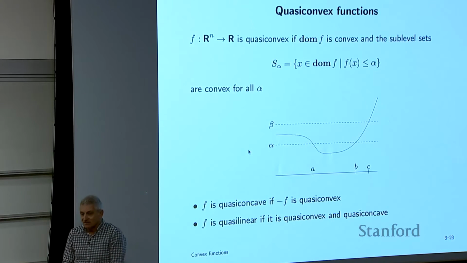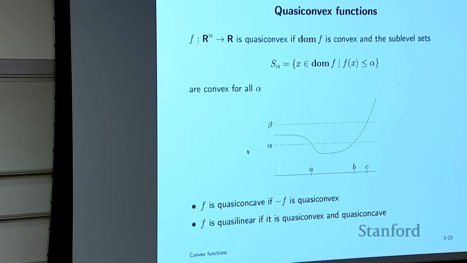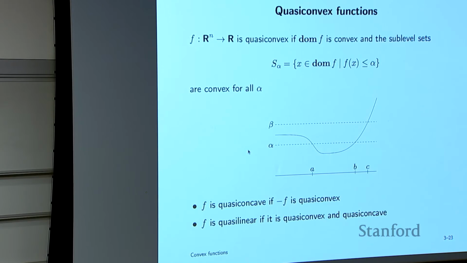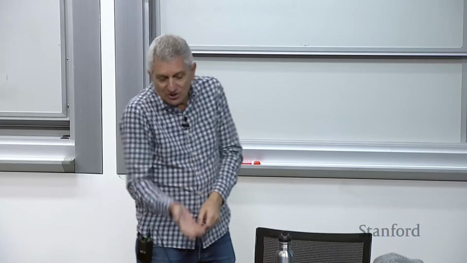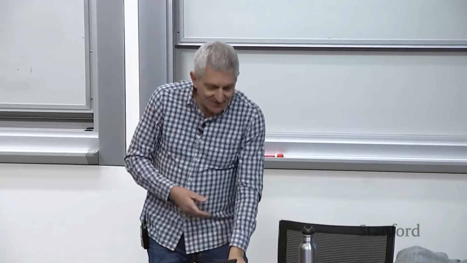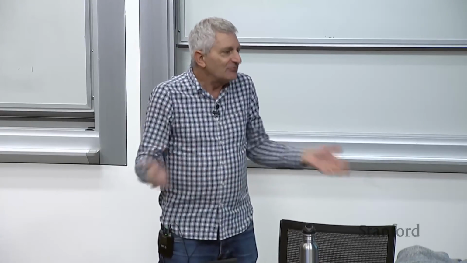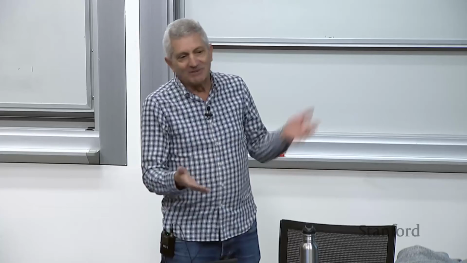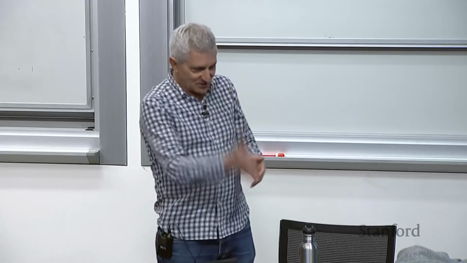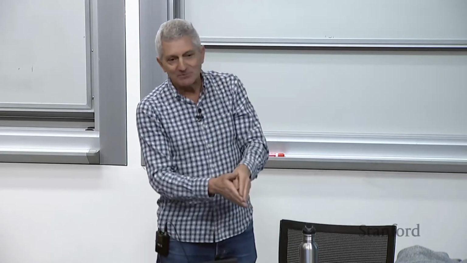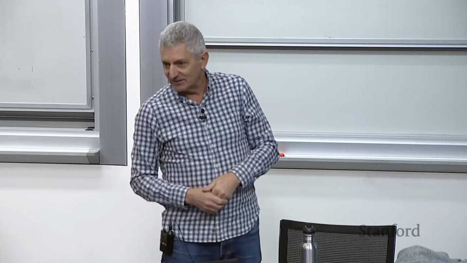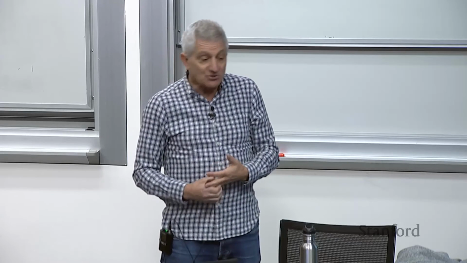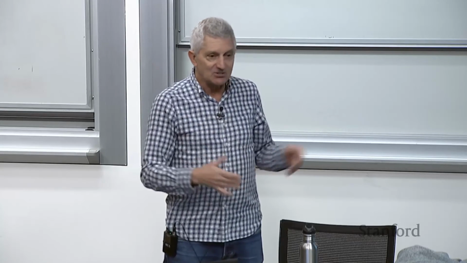That's also convex, right? So unimodal is another name for it. And basically for a function of one variable, something is quasi-convex if, roughly speaking, it's decreasing up to a point, and then increasing above it. Okay? It's also more interesting in the vector case, right?